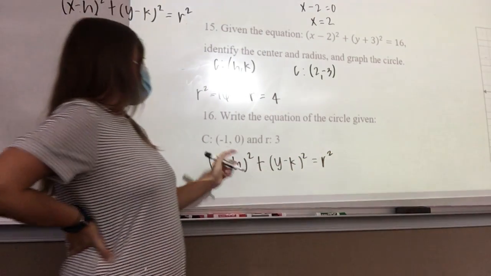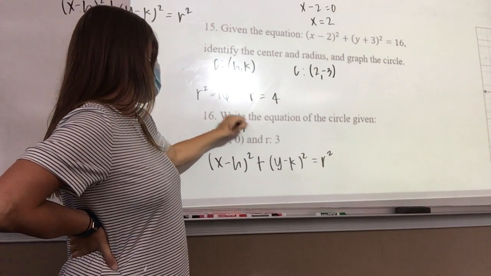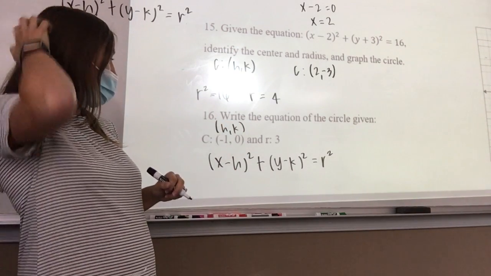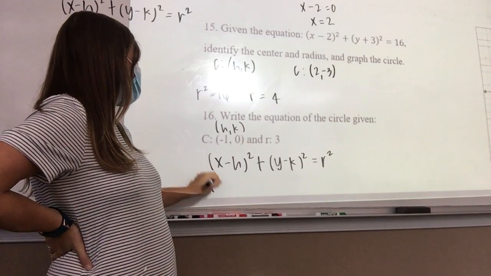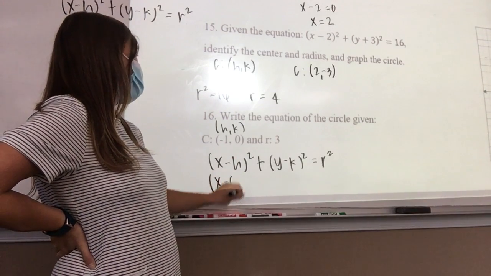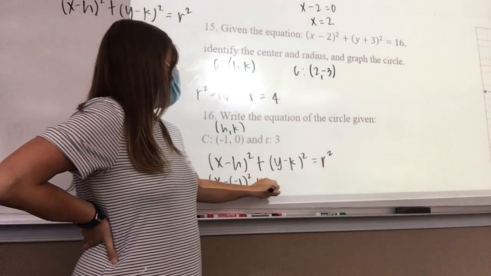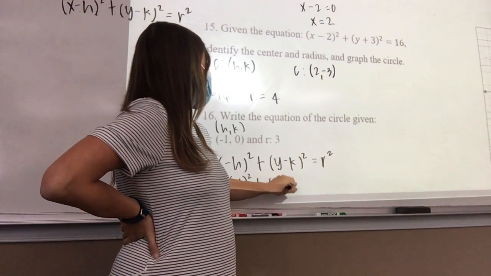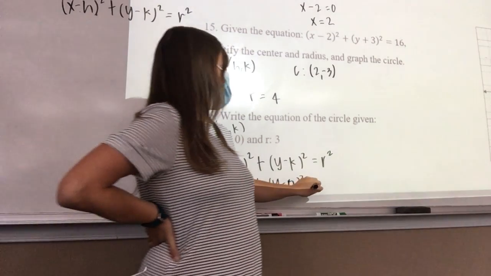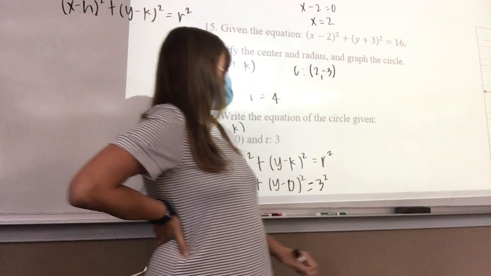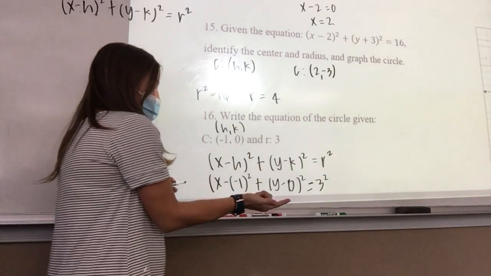Okay, so my center is -1, 0, so this is my h, k. You can just change the sign, like I said, or you can literally plug them in. So x minus h is x minus -1, y minus k is y minus 0, and the radius is 3. See how it ends up being the opposite sign?